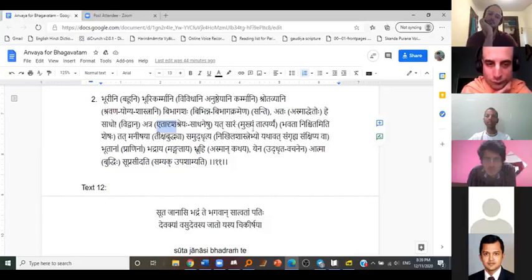Yat saram mukhyam tatparyam. Whatever the mukhya tatparya, the prominent purport or the crux is there, which you have concluded after hearing and after speaking it for so long. Tat manishaya, tikshna buddhya.